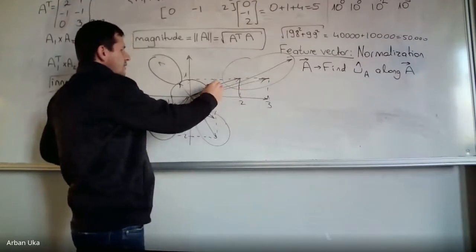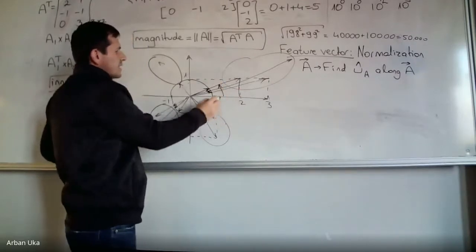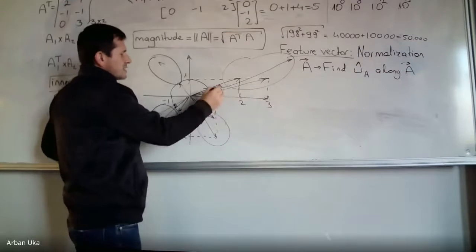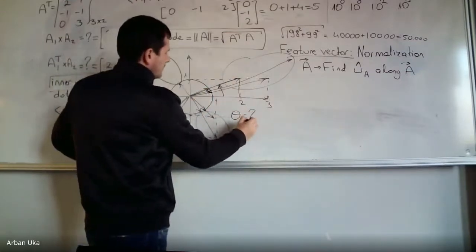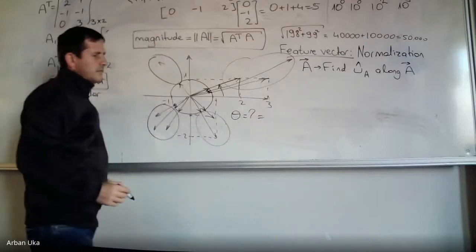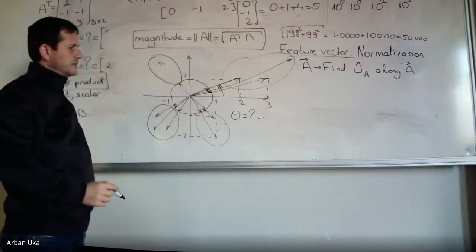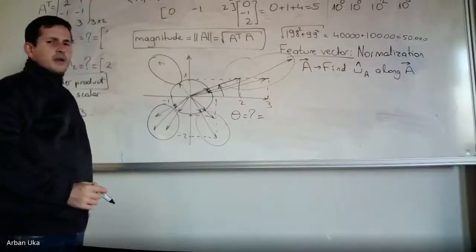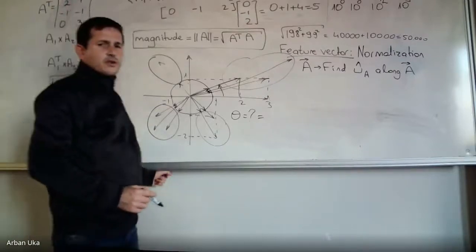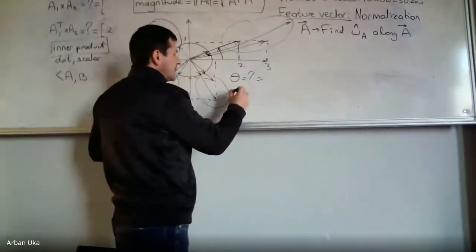What is this angle theta, which is between the x-axis and this vector 2, 1? Can you help me here? How do we find this angle? We can find the sine or cosine, then we can find the... We can also relate it with a slope. What is a slope?